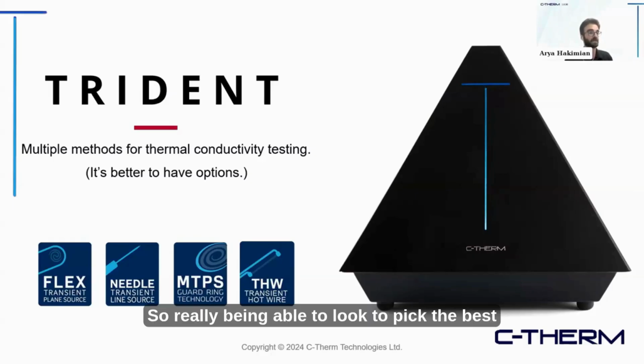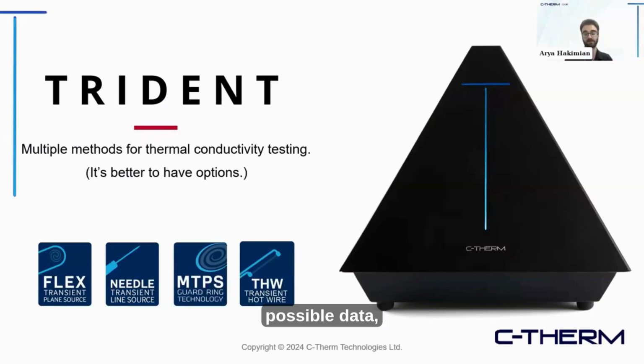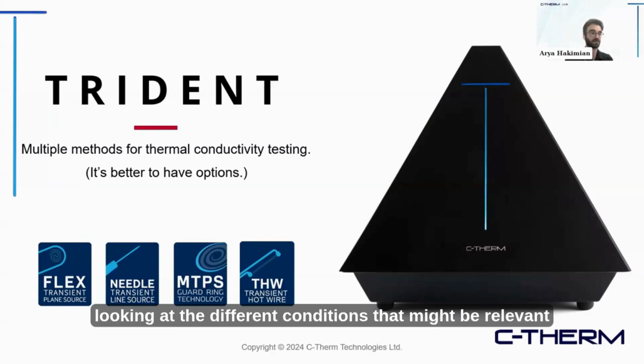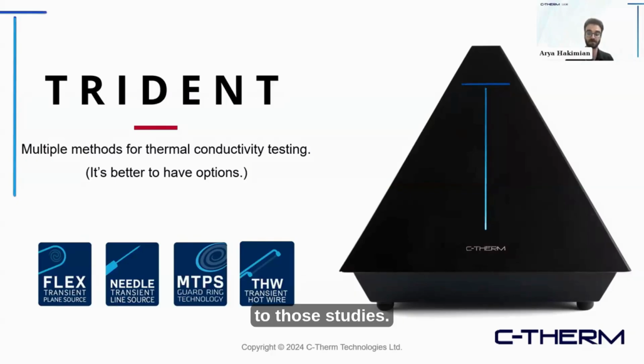So really being able to pick the best tool for the task at hand is going to set you up for success in getting the best possible data, whether that's for R&D purposes, developing new materials, looking to compare and do assessments of different material surroundings, and again, looking at the different conditions that might be relevant to those studies.